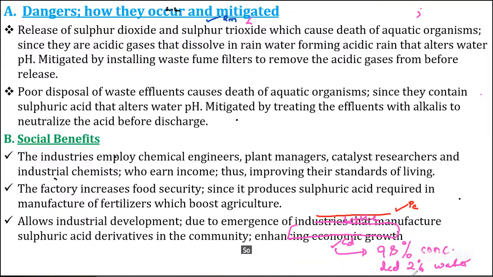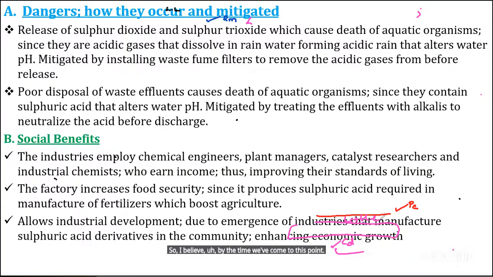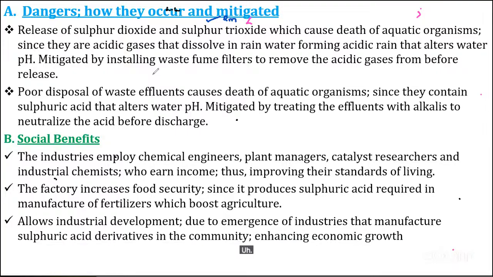So I believe by the time we've come to this point, members can give me as many dangers as possible, as many explanations as possible, so as to obtain a very clear approach on whatever we are writing.